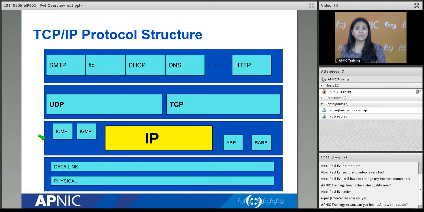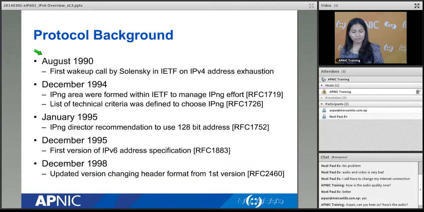All right, so I'll give you a bit of background about IPv6 and how it started. If you've been in the internet industry for a while, you would know that the way we distributed addresses in the early days was classful.